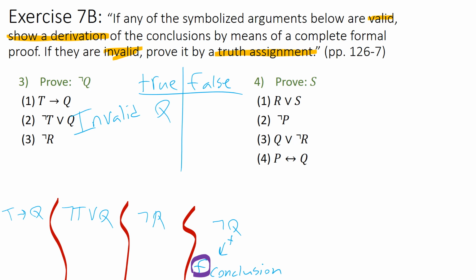Now what I'd like to do is to look for the premises where Q appears. So for example, it appears in the second premise. So we have a disjunction, and Q happens to be true. In this case, it's a disjunction, so given that Q is true, it doesn't matter what the other disjunct is. It could be true or false. The disjunction as a whole will still maintain its value of being true.